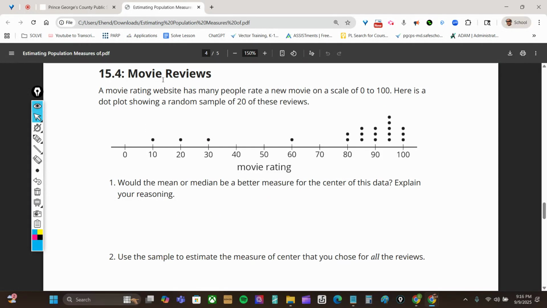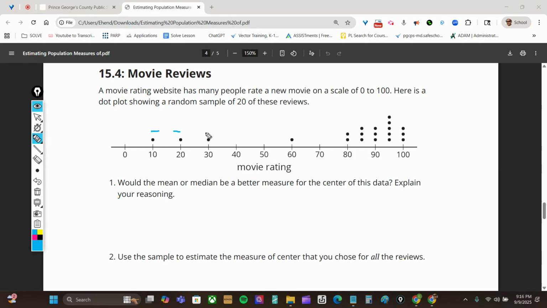All right, we're going to do one of these questions and call it a day. So it says a movie rating website has many people rate a new movie on a scale from 0 to 100. Here is a dot plot showing a random sample of 20 of those reviews. Would the mean or median be a better measure for the center of this data? Explain your reasoning. We said it before.